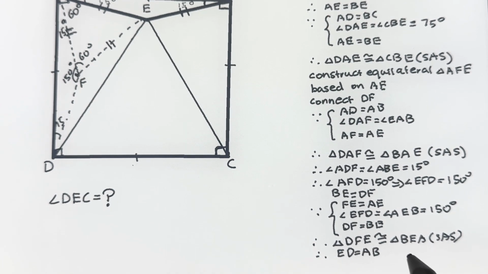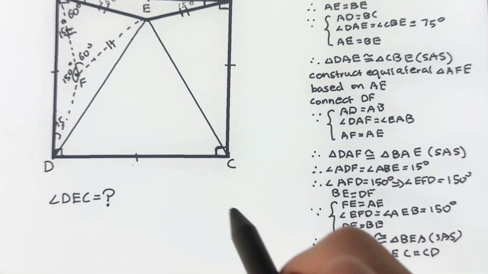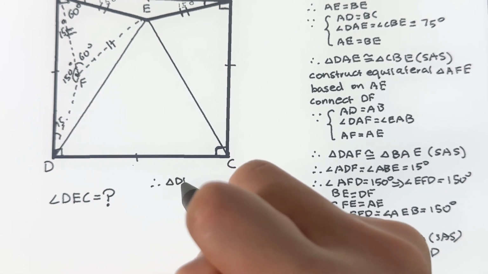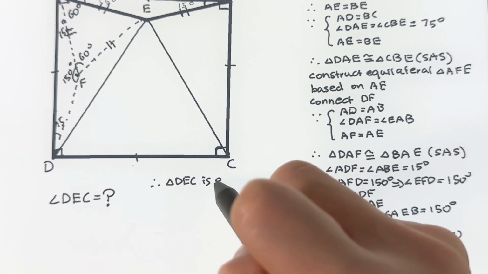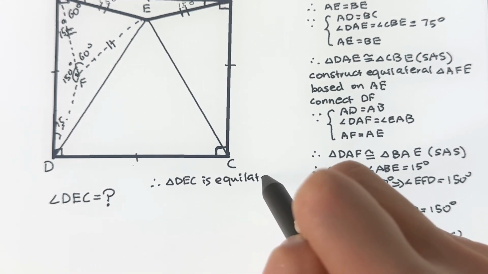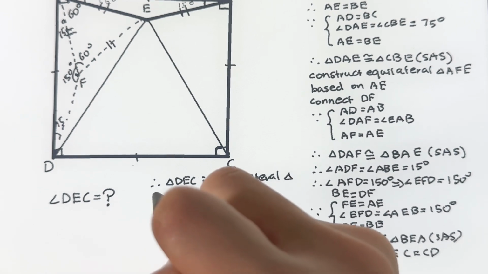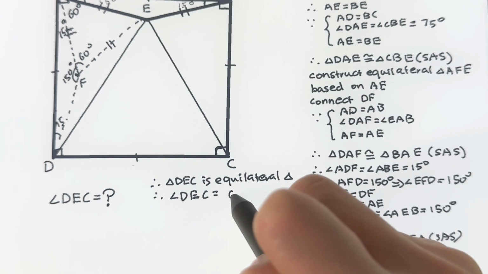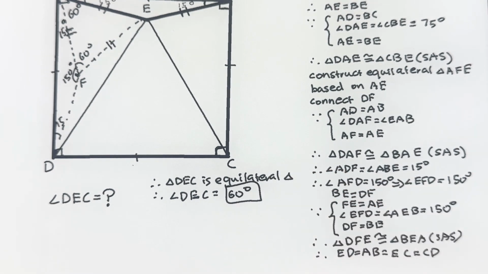And then we already know that ED equals EC from this pair of congruent triangles. And then AB equals CD. So triangle DEC is an equilateral triangle, which means that angle DEC equals 60 degrees. And that is how you solve this problem.